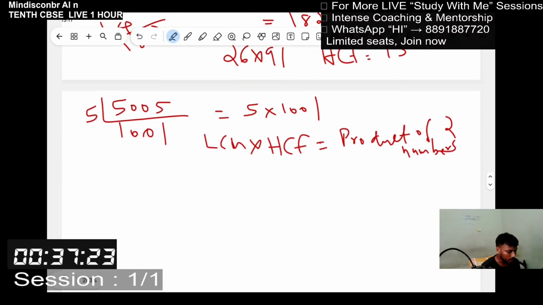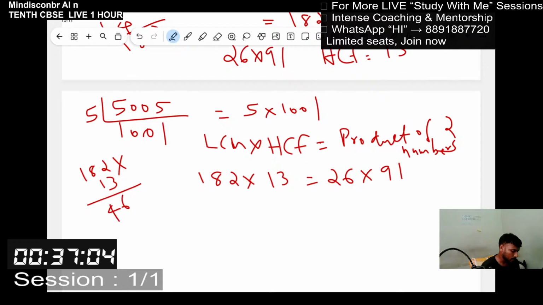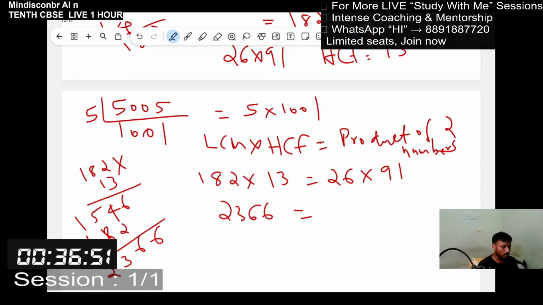So here LCM into HCF, that is LCM is 182 into HCF, HCF is 13, is equal to product of two numbers, that is 26 into 91. 182 into 13 is 2366. Now we have to find out 26 into 91.